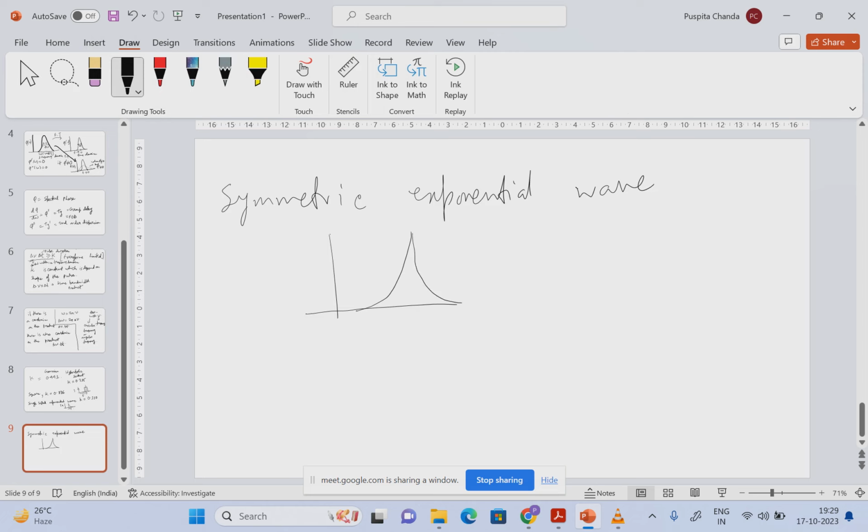It will be symmetric. For that, k is equal to 0.142. So the spectral width in the frequency domain multiplied by the pulse width should not be less than some value.